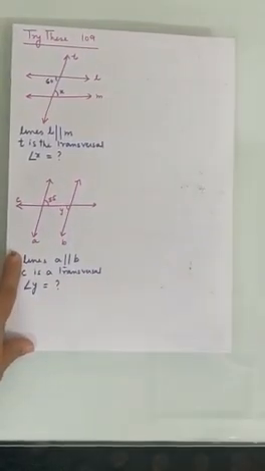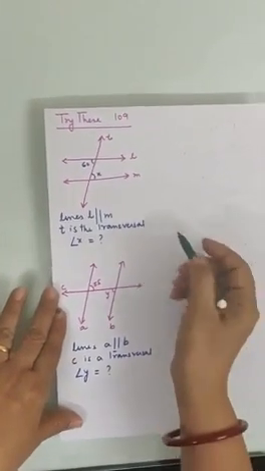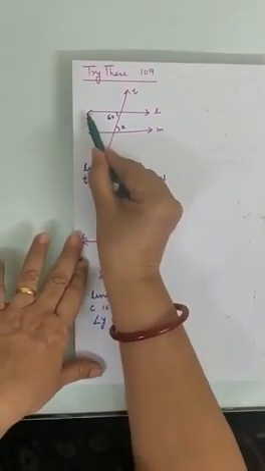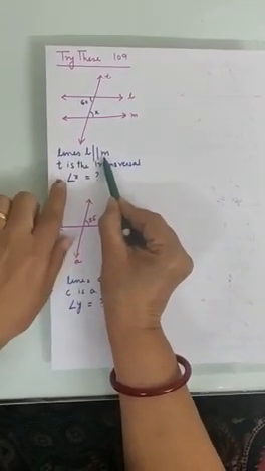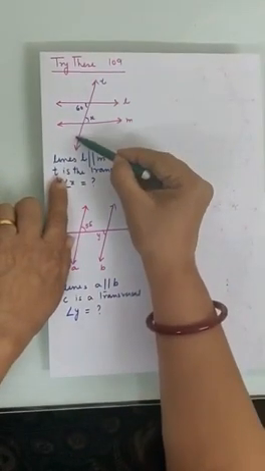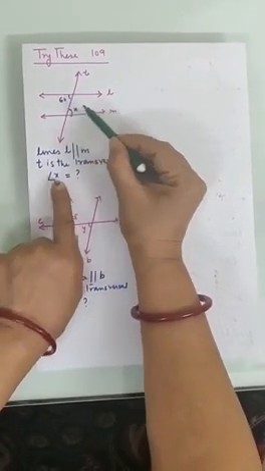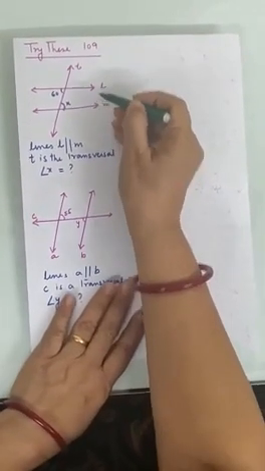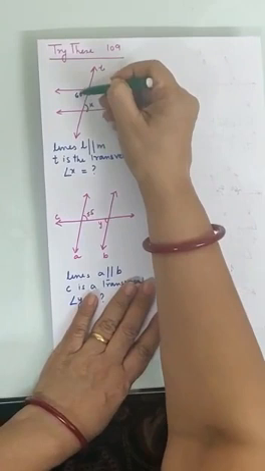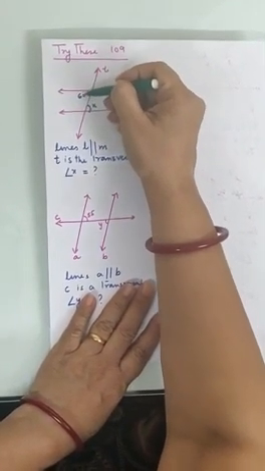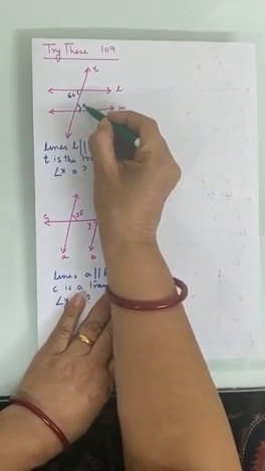Now let us try these on page 109. In this question, what is given to us is that lines L and M are parallel, and T is the transversal. We have to find the value of angle X. What we have seen is, when two parallel lines are cut by the transversal, a pair of interior alternate angles are equal. So angle X is equal to 60 degrees.